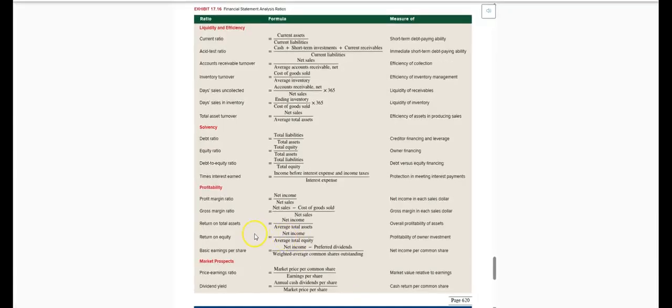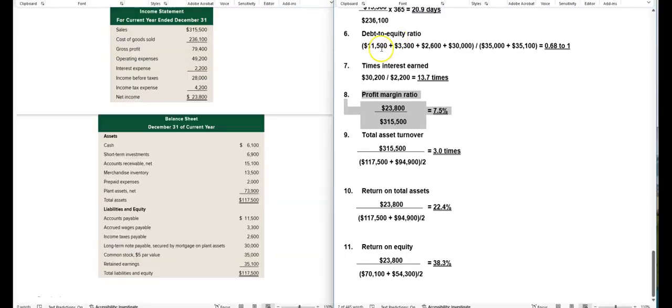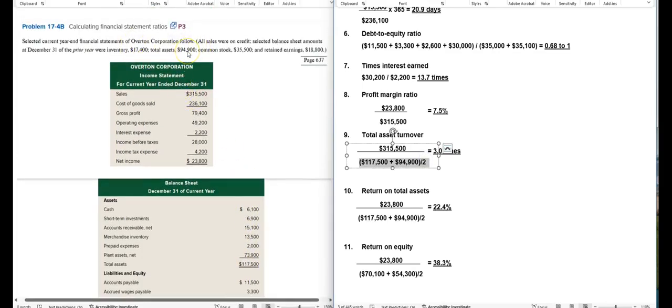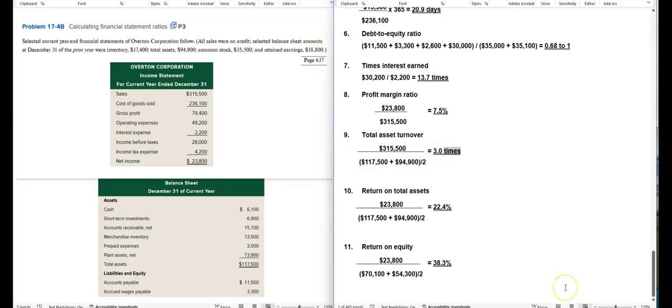Total asset turnover is going to be total revenues divided by average assets, our total sales at 315.5. To get our average assets, we take our beginning assets plus our ending assets and divide by 2. 3 times. In other words, income was 3 times the amount of investment in assets.